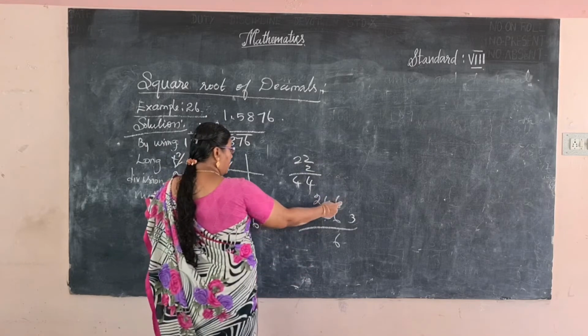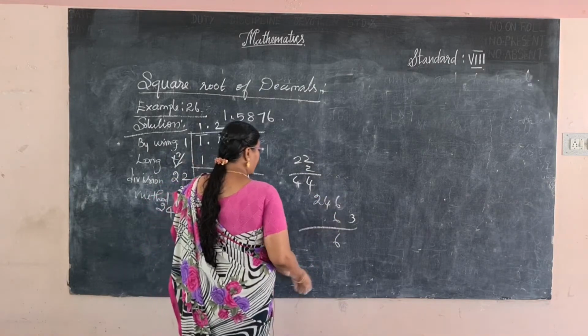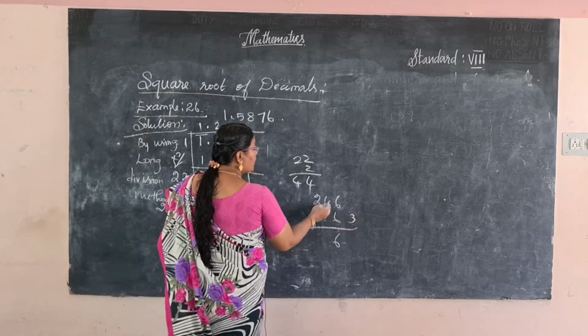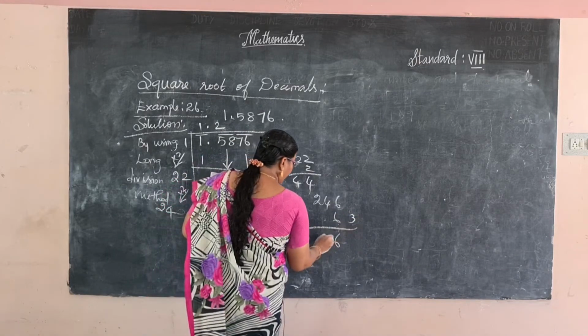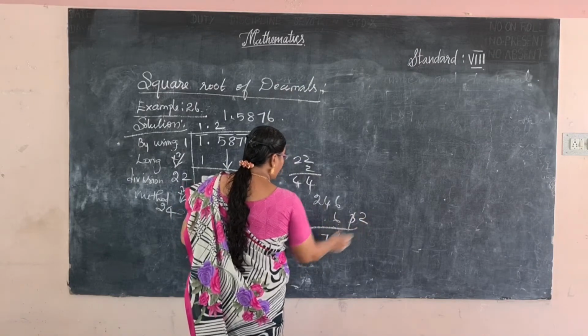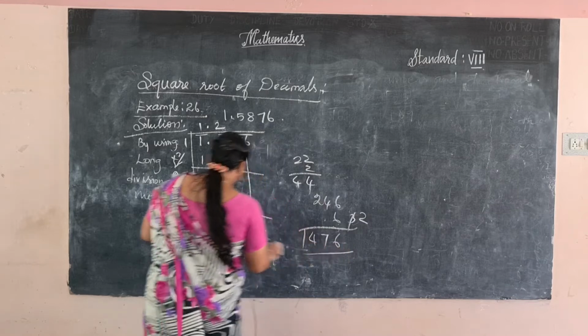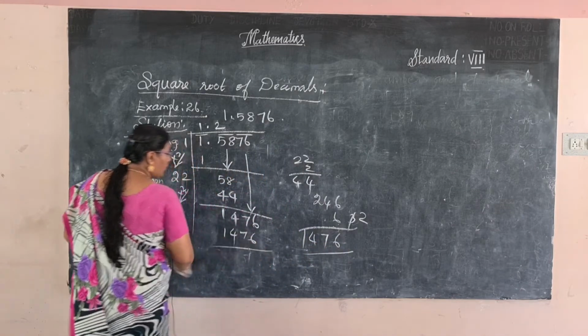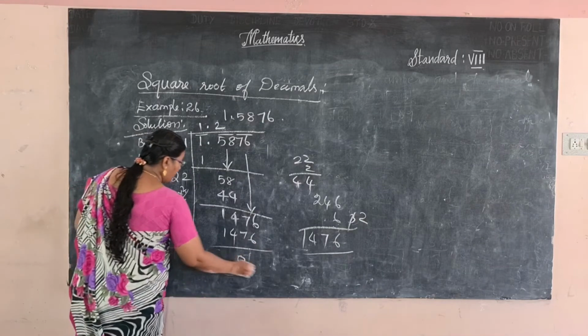So I try putting this number 6. Multiply by 6. 6 6s are 36, remaining 3. 6 4s are 24, plus 3 is 27. 6 2s are 12, plus 2 is 14. So we get 1476, and the remainder will be 0.